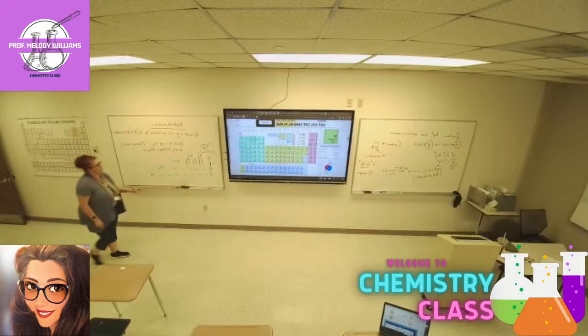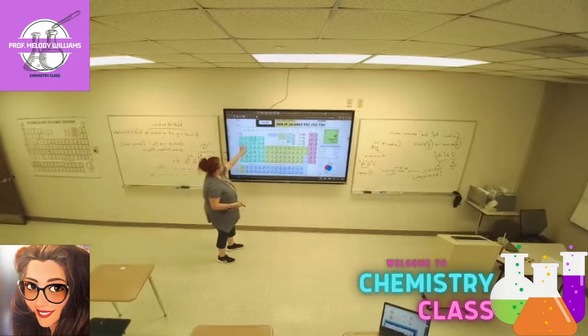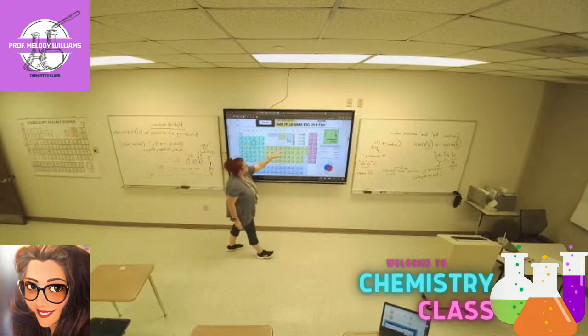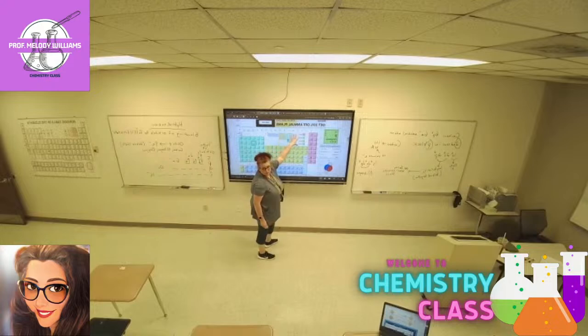Now for the weirdos, like sulfur, or phosphorus even, if we look at phosphorus, it looks a little bit different than nitrogen. Here are our little energy levels. You see this little section here?